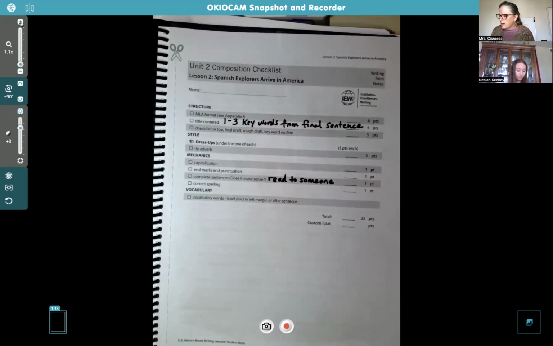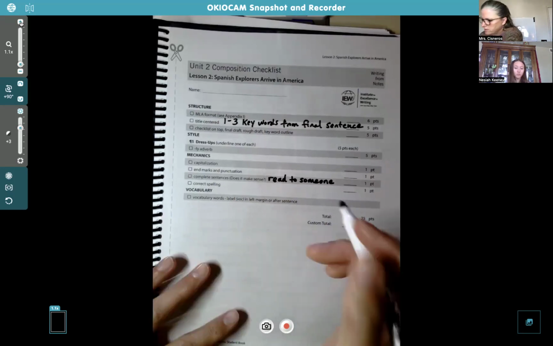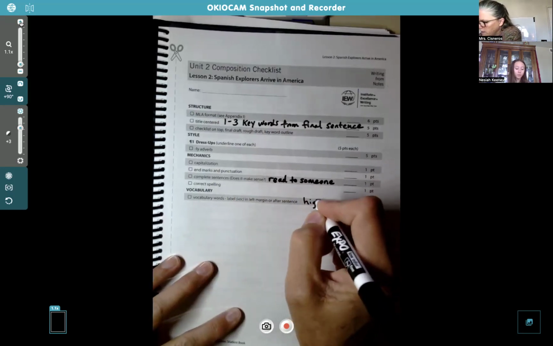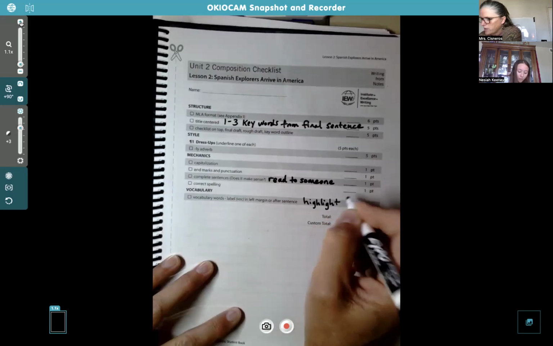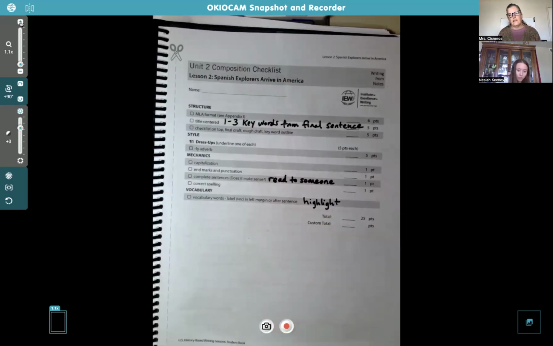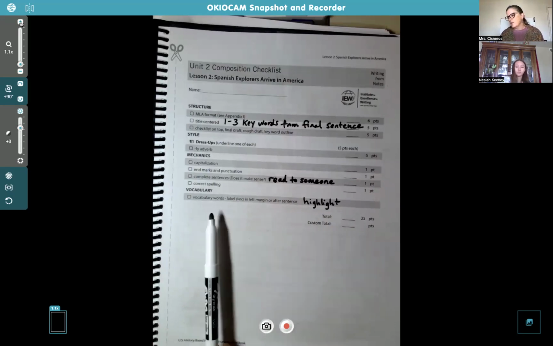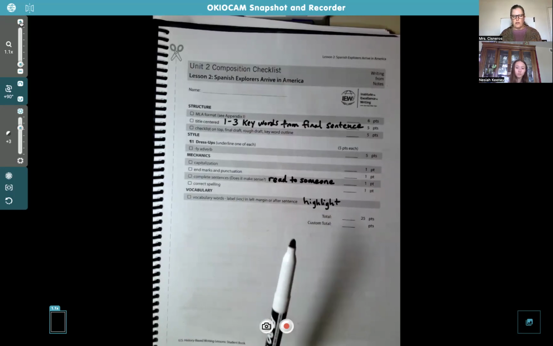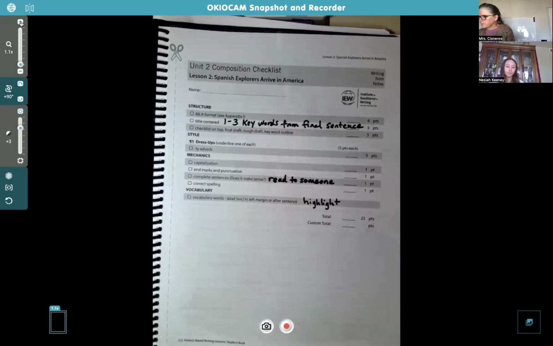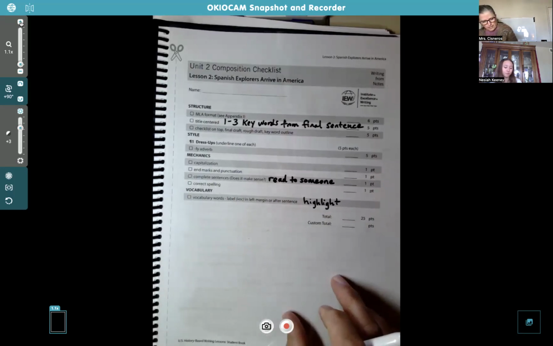I think that I want you to highlight. Okay. Let's put highlight in there. And you can pick whatever color. I know we're going to be highlighting again down the road when you start doing topic clinchers and stuff like that. But for now, I just want you to highlight whatever vocabulary words you put in. Okay, cool. That's that.